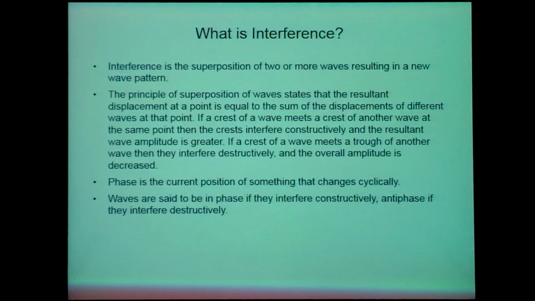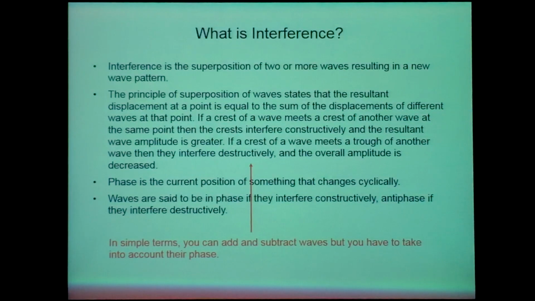And I'll show you that graphically in a second. And when they have the same phase, when you add them together, they interfere constructively. If they have opposite phase, they interfere destructively. And in simple terms, you can add or subtract waves, but you have to account for the phase.